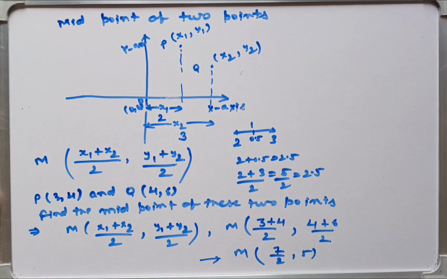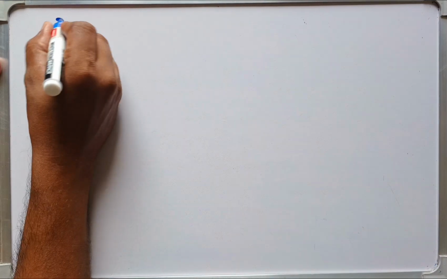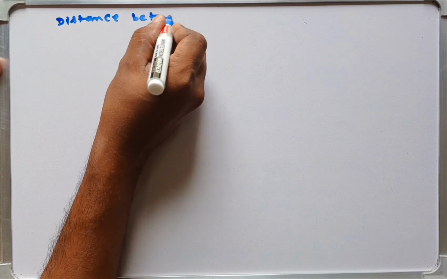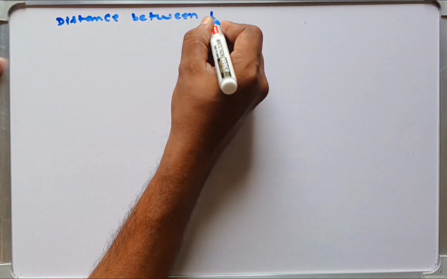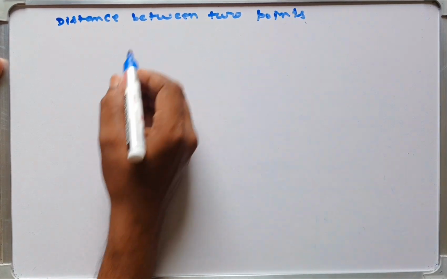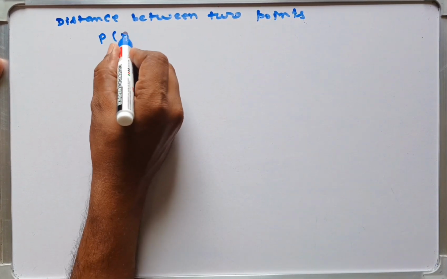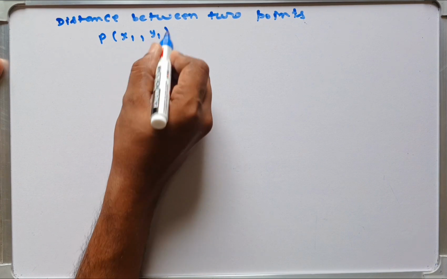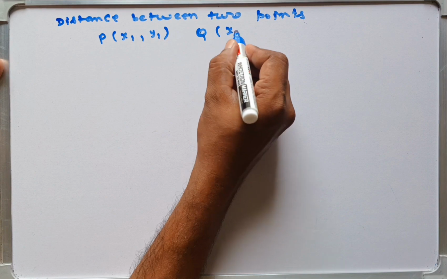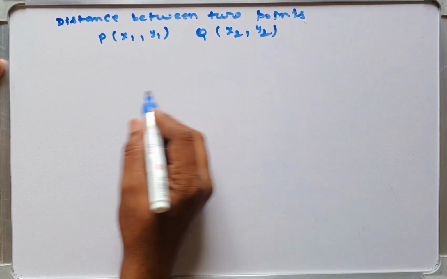Okay, so next one, guys, here is the distance between 2 points. Okay, so suppose, guys, P has coordinates x1 and y1, and the Q point has coordinates x2 and y2.